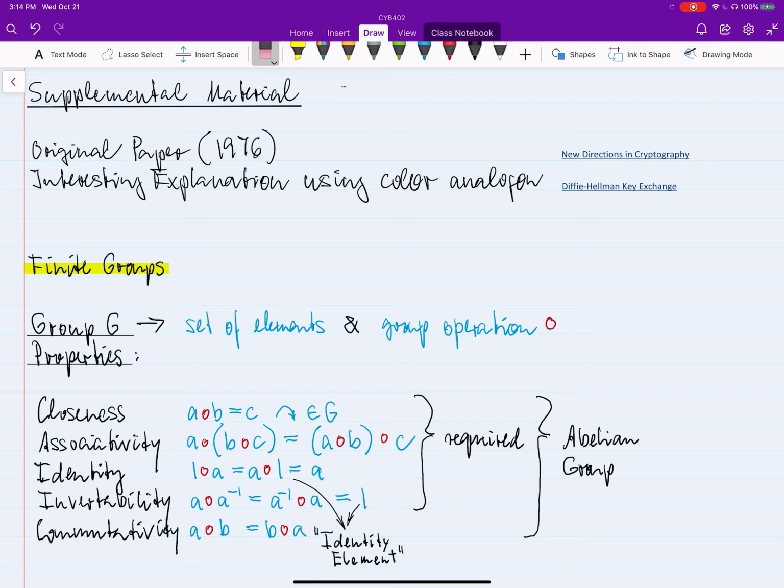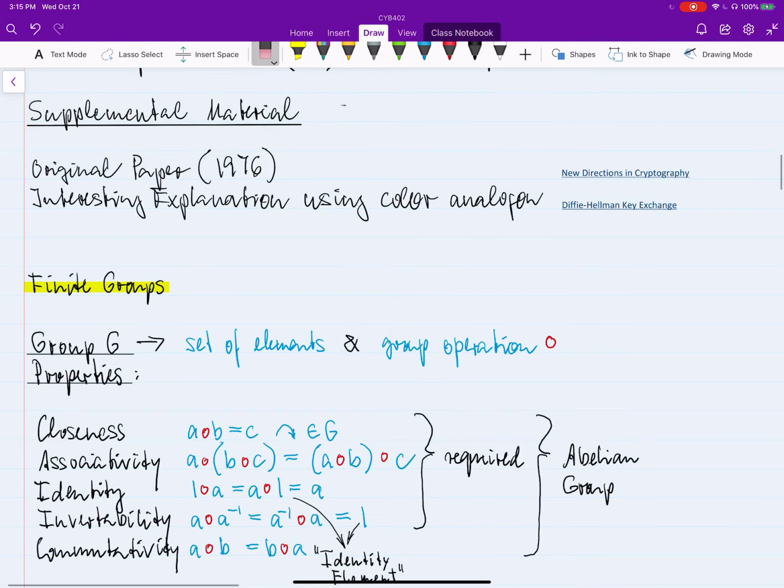Okay, so the other one is this here. It's actually a YouTube video, and I encourage you to watch it. It gives an explanation of how Diffie-Hellman works using an analogous system, using colors to explain how this system works and how these one-way functions work.